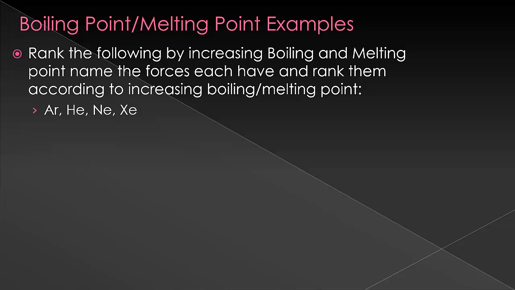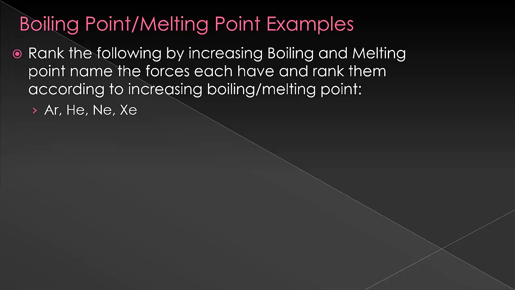So here I have our noble gases listed out, and I want to rank those in order of increasing, let's say boiling point in this case, since they are noble gases. Our first decision here is which ones have the most or least intermolecular forces. If you have lots of intermolecular forces, you'll have a higher boiling point.